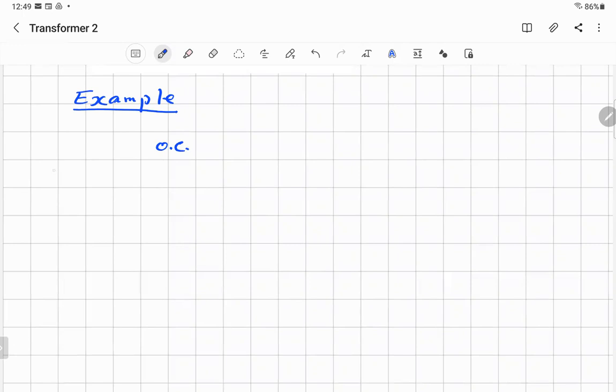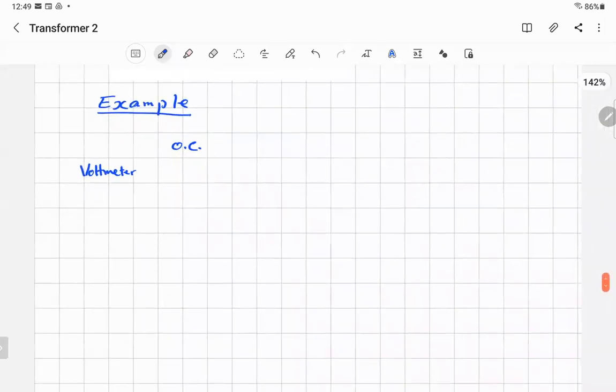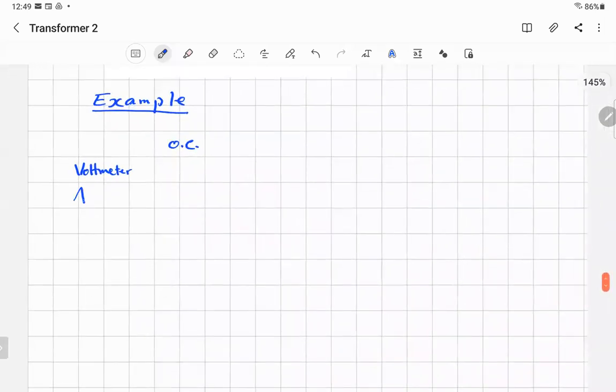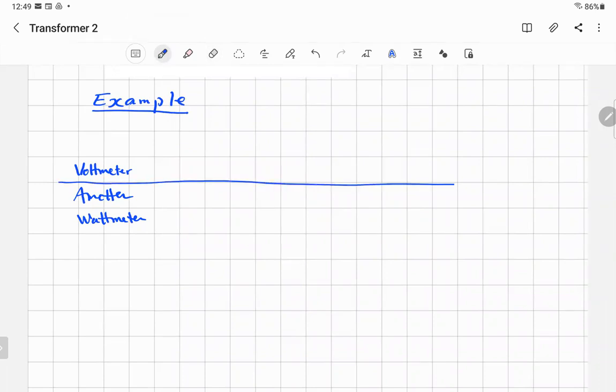And you're going to have a voltmeter, a meter to measure the amp, and a wattmeter to measure the power. Okay, let's try to be organized a little bit.